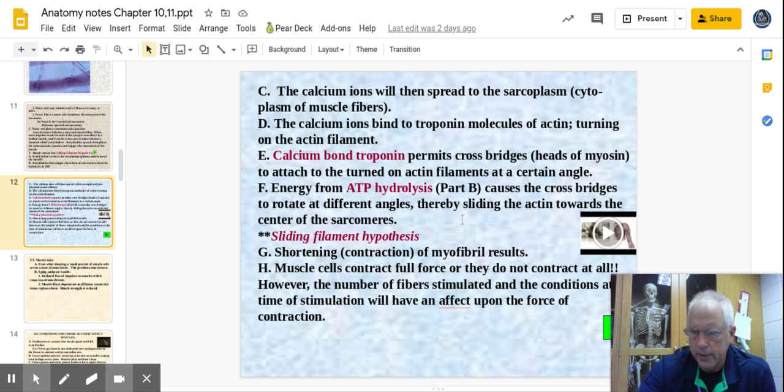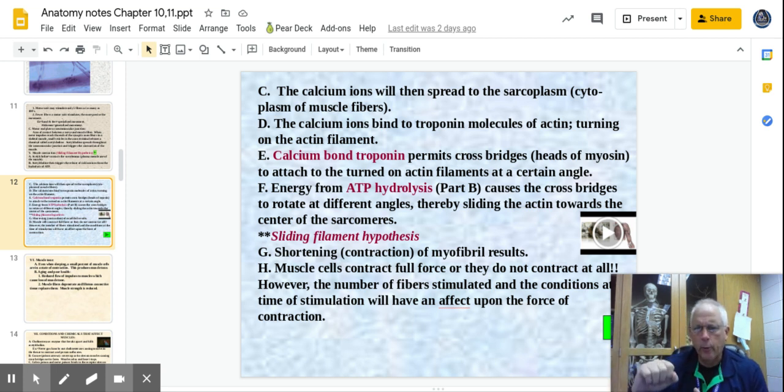So here's where ATP comes in, part B. All that energy gets released when we break apart ATP, and it comes over and rotates the myosin and actin and makes the muscle shorten, and your muscle contracts, and you move your arms and legs and whatever you're moving.